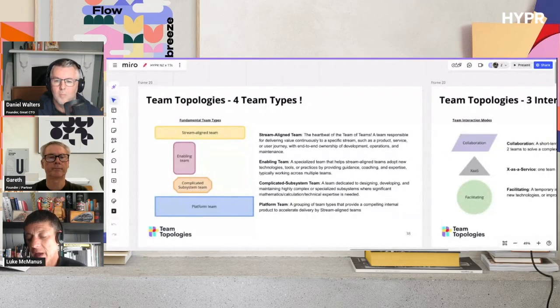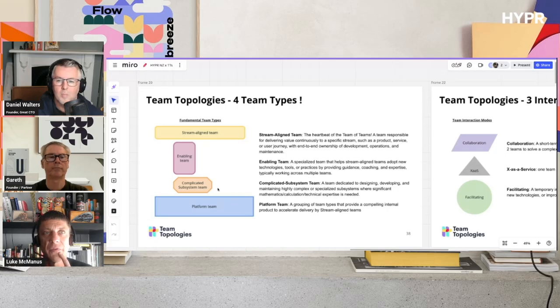Then we've got the complicated subsystem team. There's a couple of ways of looking at that team type. Again, the idea is offloading cognitive load. It could be a complicated technology, something like a complicated algorithm, video processing or something like that.